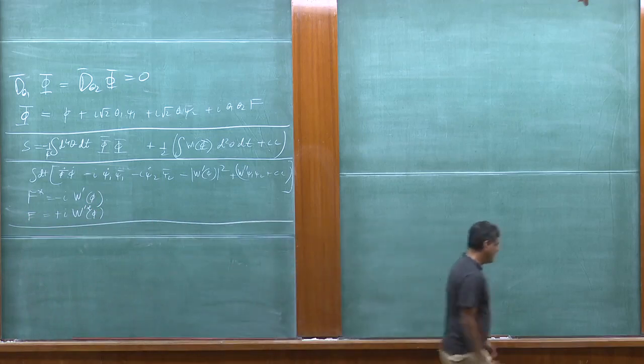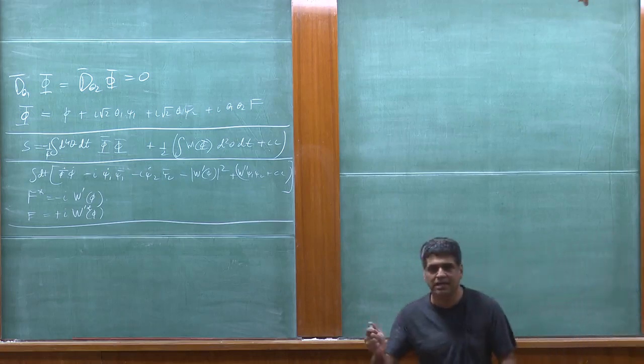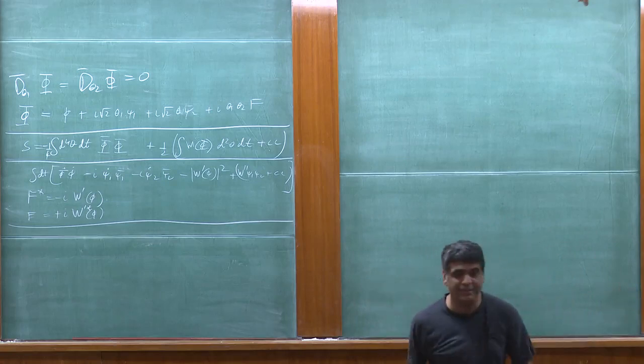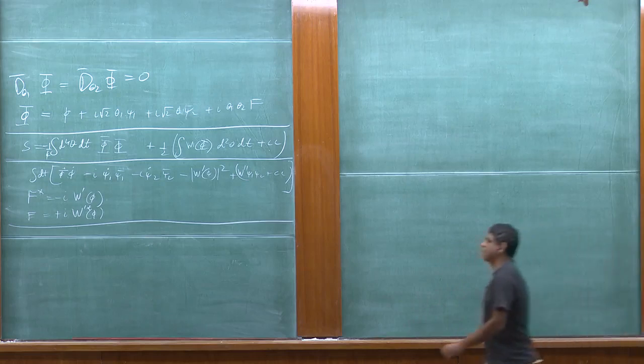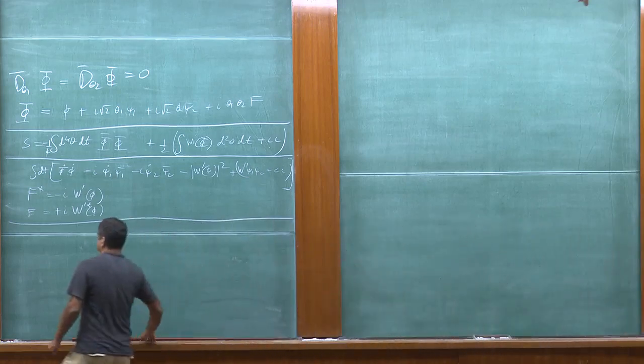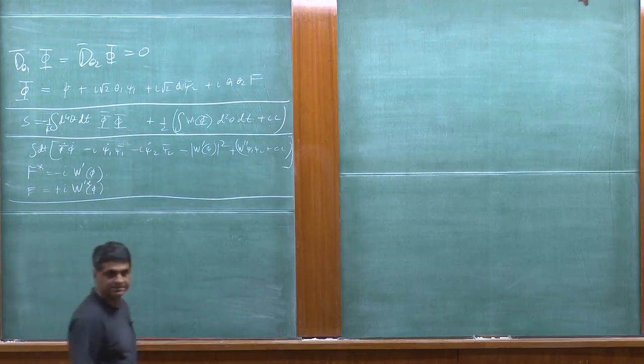Okay. So in this class, we're going to study this model a little bit more in the first part, and then move on to studying, hopefully by the second part, theories in many dimensions. So the first thing we want to do is to study how all these fields transform under supersymmetry.